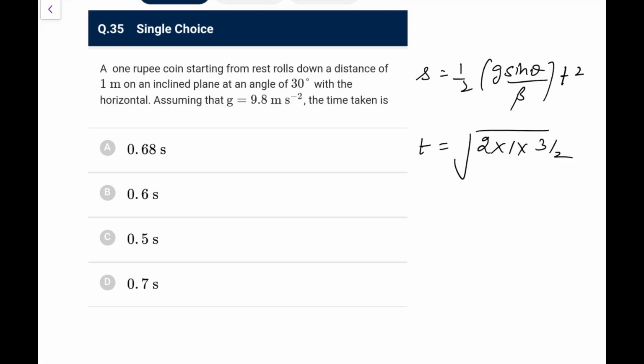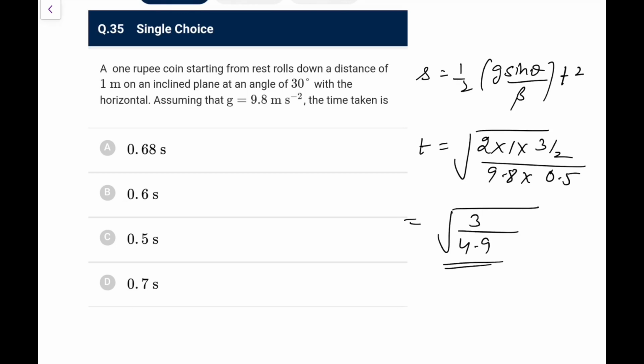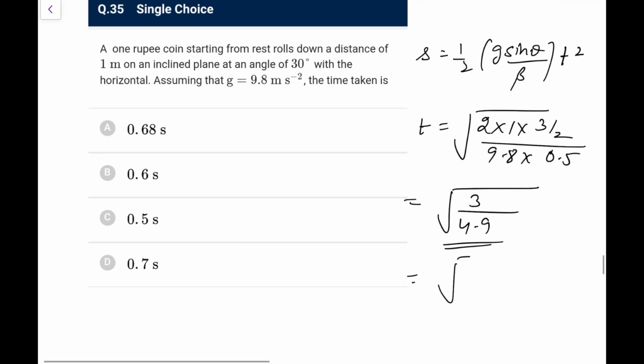Beta is 3 by 2, g is 9.8, sin theta is 1 by 2, that is 0.5. So what it is, 2 into 1.5, that would be 3 upon 4.9 under root, so it is the root of 30 upon 49, so it is 1 by 7 into root 30.